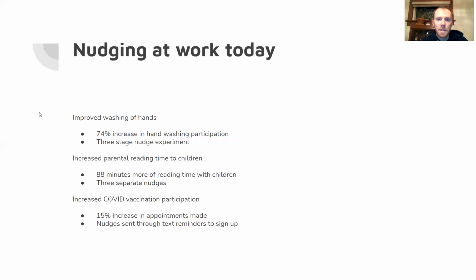And then some examples that I've found of nudge theory at work today. I went over some topics that were relevant to me in today's world, in COVID and in parenting. So in India, there was a school where almost nobody was washing their hands after using the restroom.